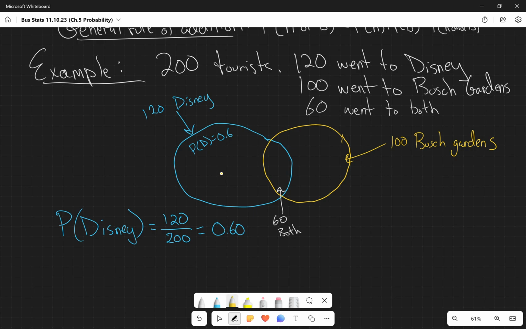The next one, again, pretty easy. Busch Gardens. Probability of Busch Gardens is going to be equal to the 100 people that went to Busch Gardens divided by the 200 people total. So this gives us a probability of 0.5.